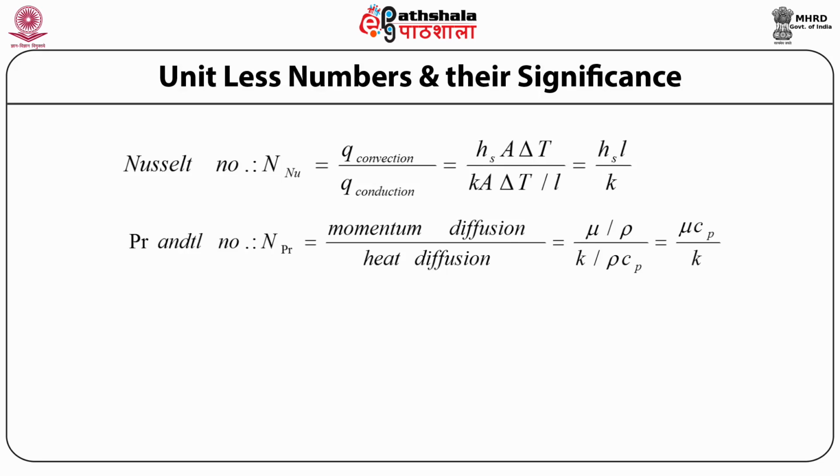It is the ratio of momentum diffusivity to heat diffusivity. That is equal to mu Cp divided by K. For a better heat transfer, Prandtl number must be small. For water, Prandtl number is around 10 and for gas it is around 0.7.